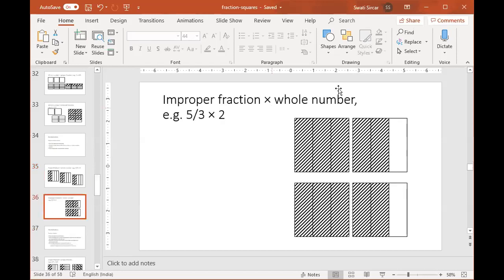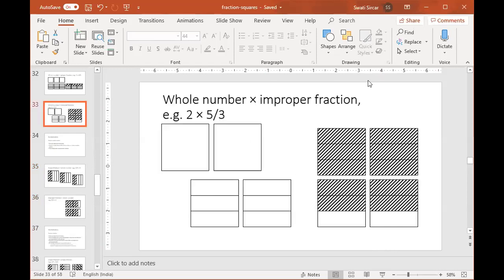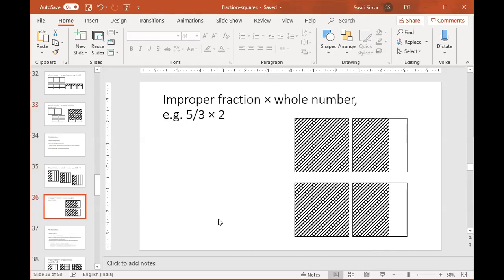Similarly, if you want to do improper times whole number, you start with an improper fraction, then double it. You can see that this picture and this picture are the same, but the ways we got there are different.